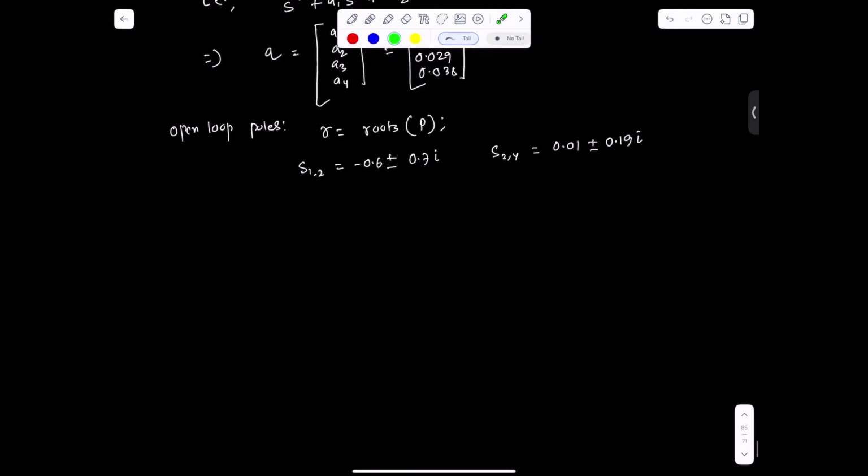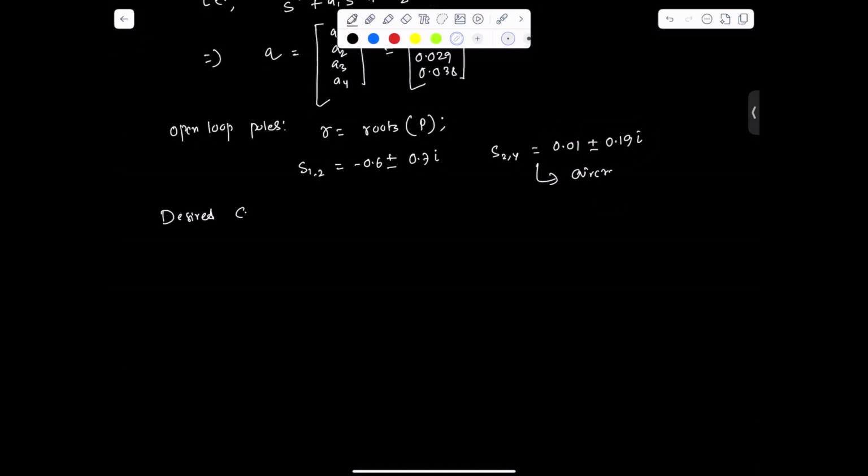Now we'll form the desired characteristic equation. One thing to notice carefully here: among the poles of the original system, one has a positive real part. So you can see the aircraft has poor handling qualities because of this pole.